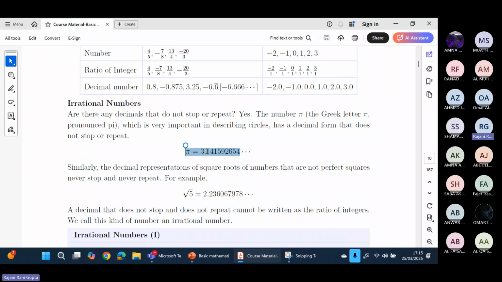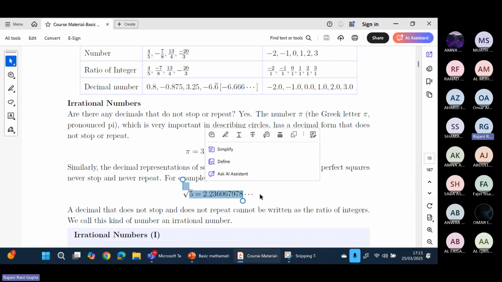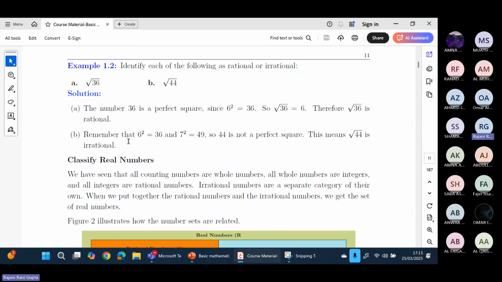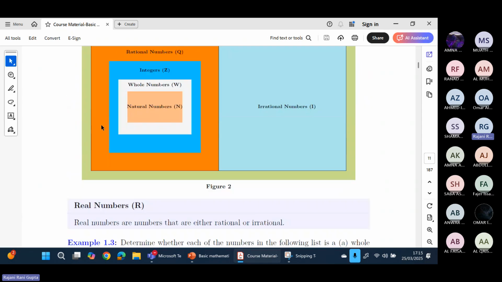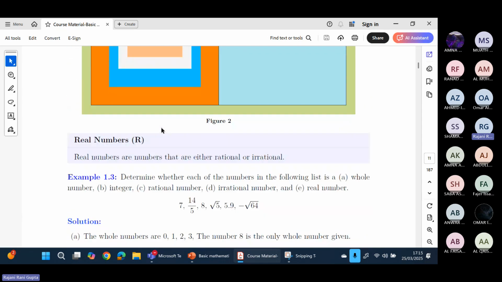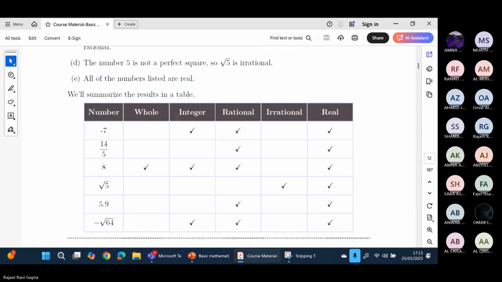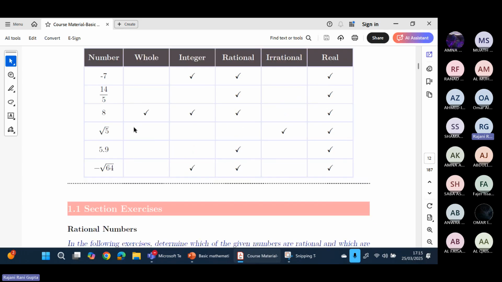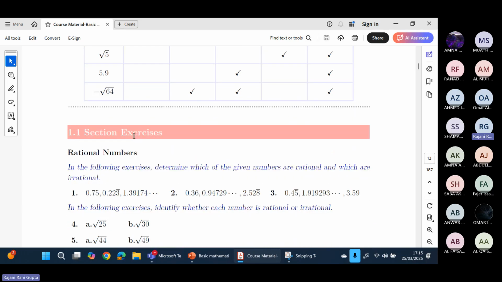Irrational numbers like pi, root 5 are non-repeating, non-terminating. Okay. What else did you study there? This was the graph you studied. I hope you remember these kinds of things we did. Just quickly revise this, okay? Because this is the main thing that you can get from 1.1.